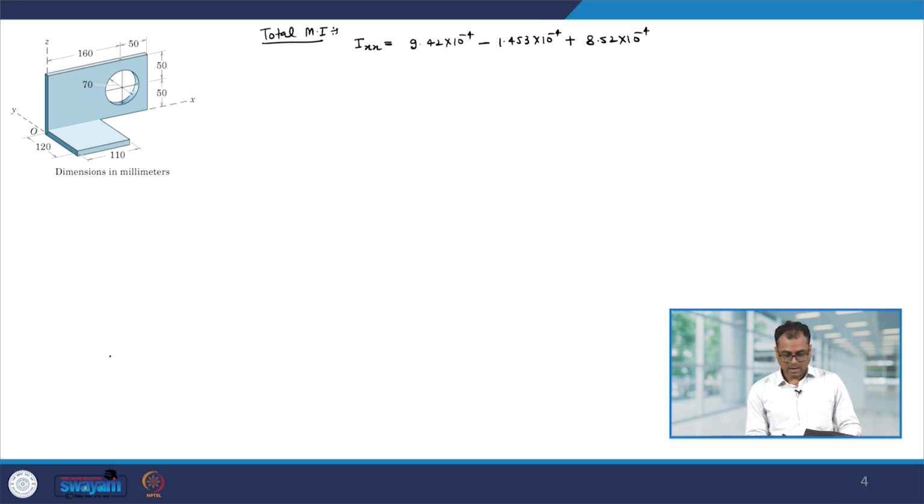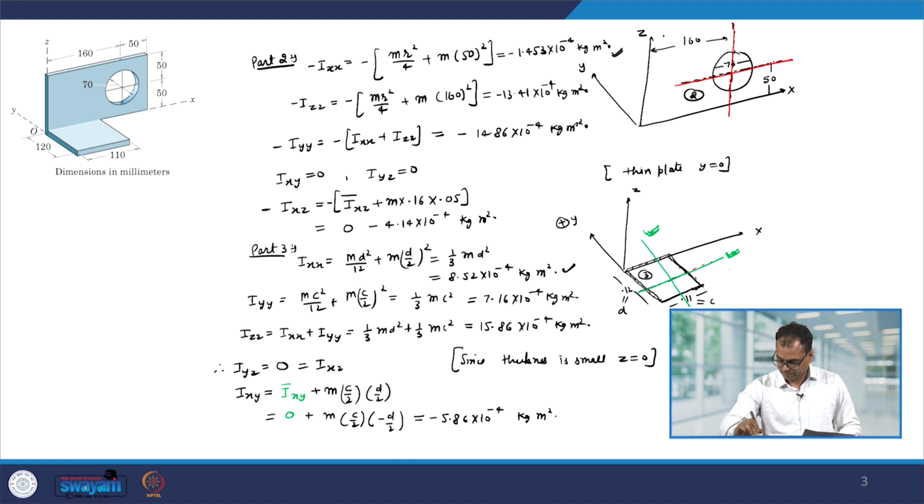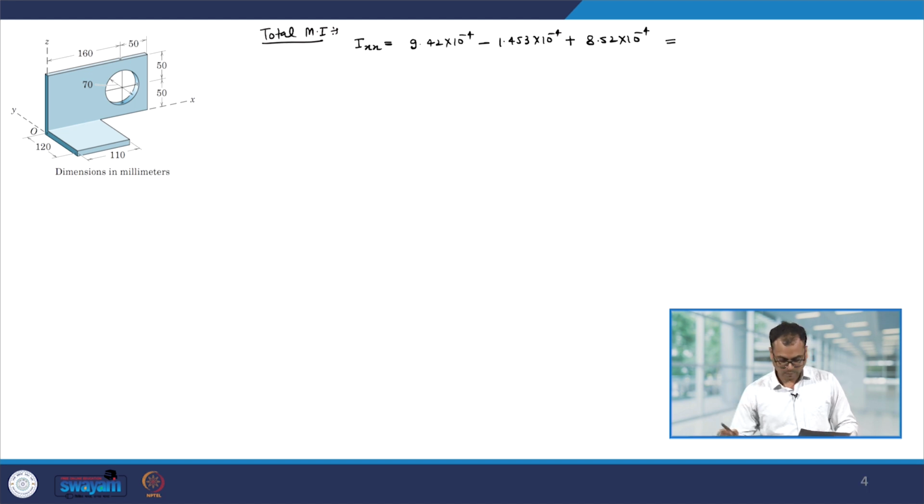And this comes out to be 16.48 into 10 to the power minus 4 kg meter square.